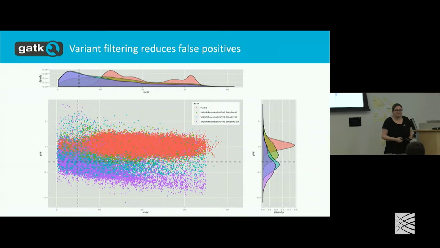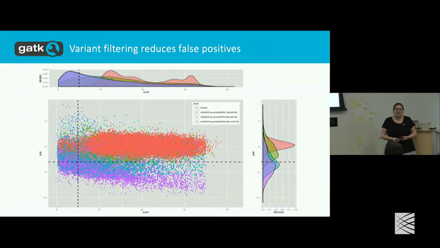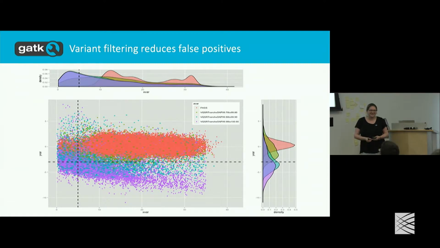Yes? Just this looks to be done now. Are you planning to develop a more visualization tool into GATK4, or any plan to have more visualization? Because I think it's a little bit messy. Yeah, it gets messy. So I don't know of any specific plans of focusing on making visualization tools in GATK.